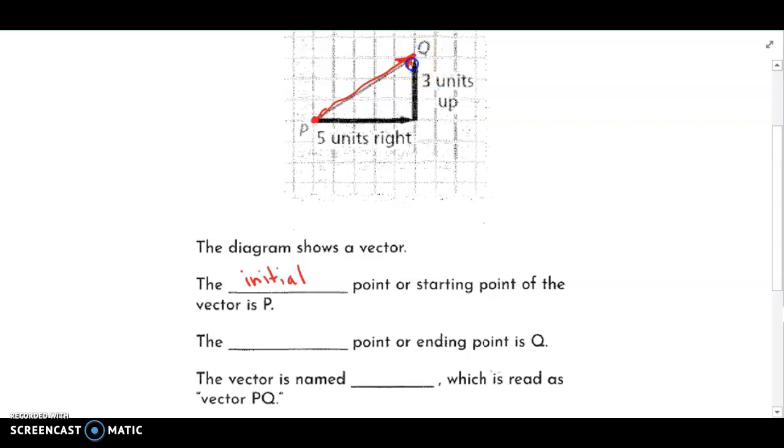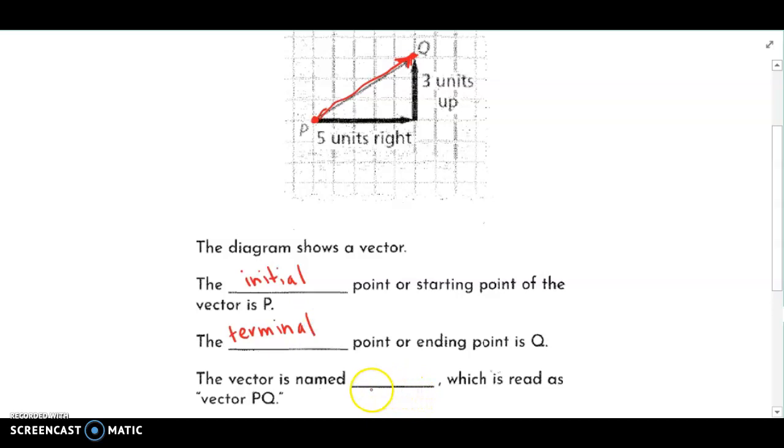Now don't confuse this with a ray, because with a ray, the arrow means it goes forever in this direction, on and on and on. A vector actually stops at the tip of the arrow. That arrow is just showing you which is the starting point and which is the ending point. So it actually terminates right here at point Q. So we call this the terminal point.